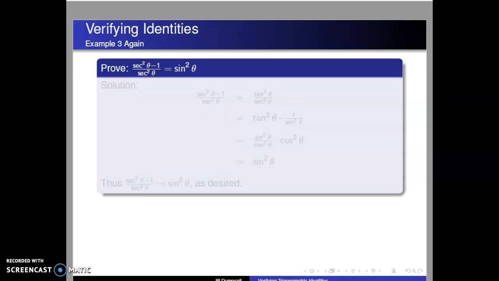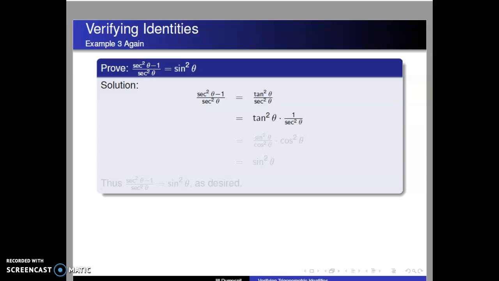Let's rework the same problem using a different route. The left-hand side still contains the more complicated expression. This time, though, let's use the Pythagorean identity to substitute secant squared theta minus 1 equal tangent squared theta. Recall that this form of the Pythagorean identity comes from dividing both sides of sine squared plus cosine squared equal 1 by cosine squared.